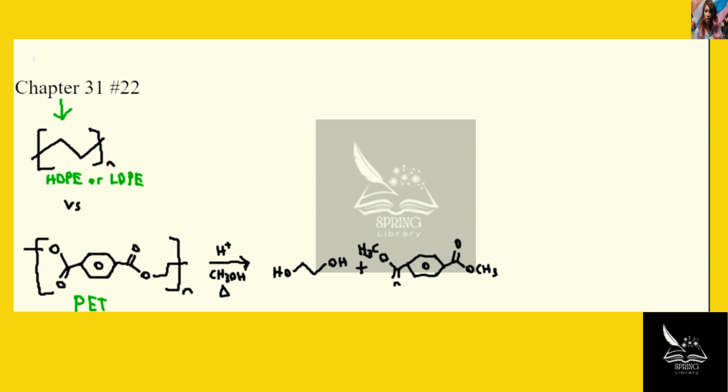So when we heat PET with acid in methanol, we get our two monomers back.